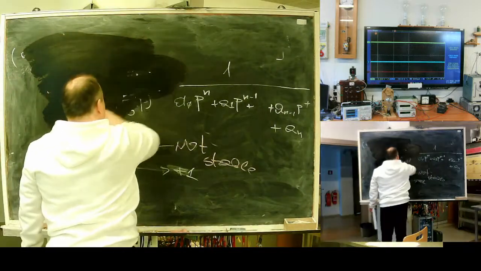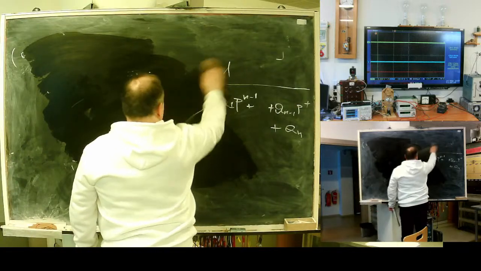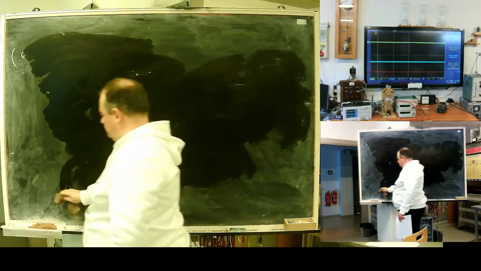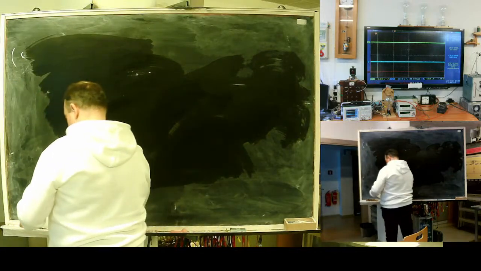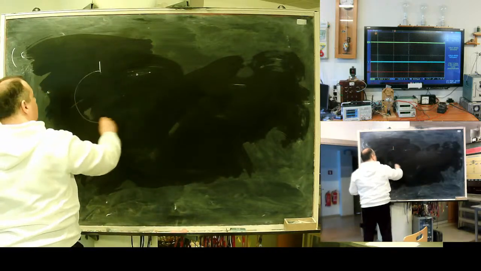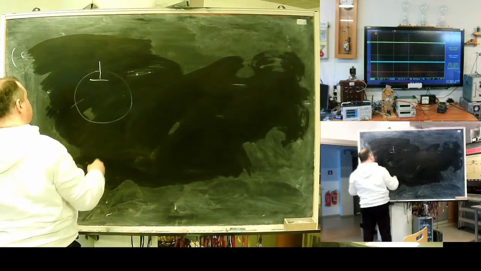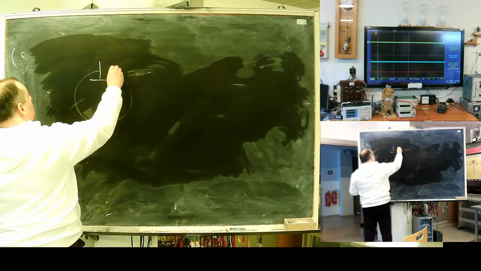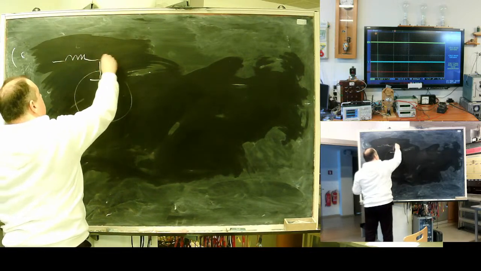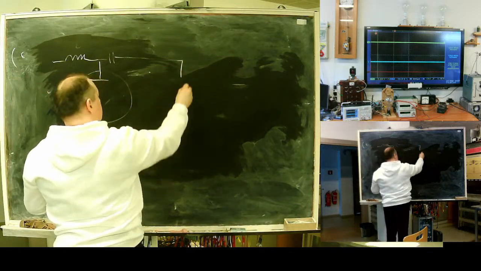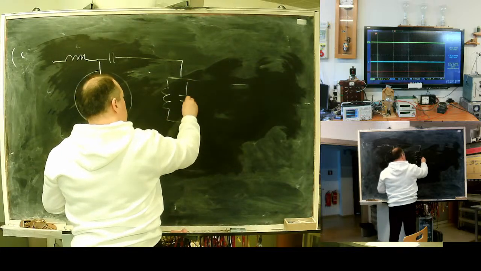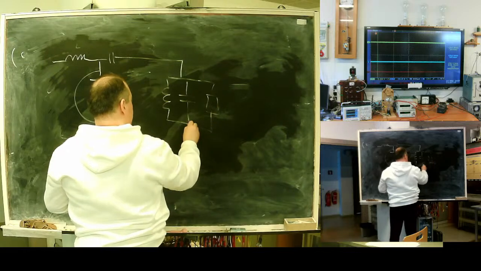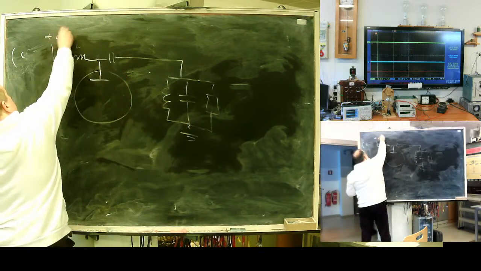I would like to illustrate it. I will use a system with an electron valve, a capacitor, and ground. This will be plus 250.